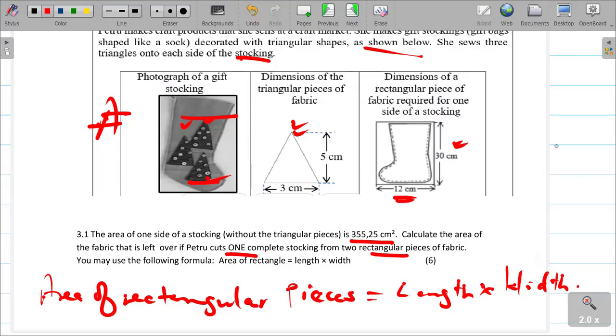And then we calculate it, we get 390 square centimeters, total area of those two. And then the total area that we need to calculate is the total area of one complete stocking with both sides. And then we calculate the leftover fabric by dividing and working it that way.